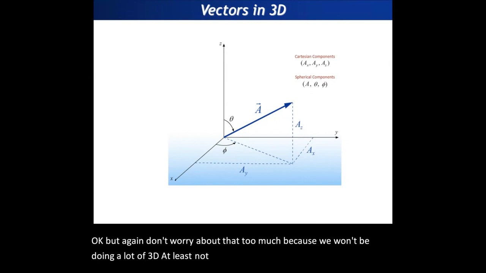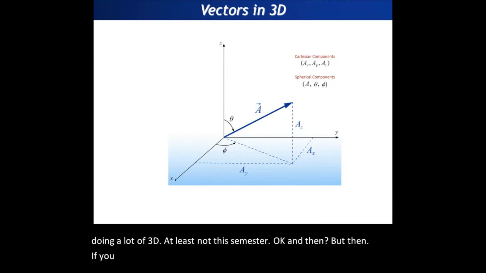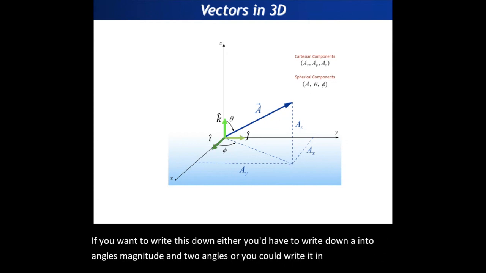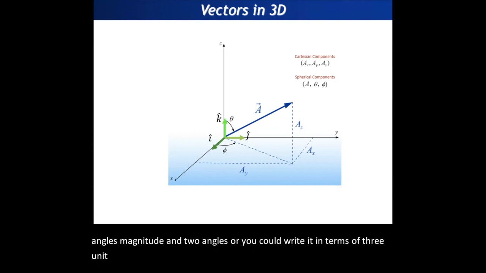If you want to write this down, you'd either have to write down the magnitude and 2 angles, or you could write it in terms of 3 unit vectors. So now we've added a 3rd unit vector, which we call k hat, which points along the z direction.